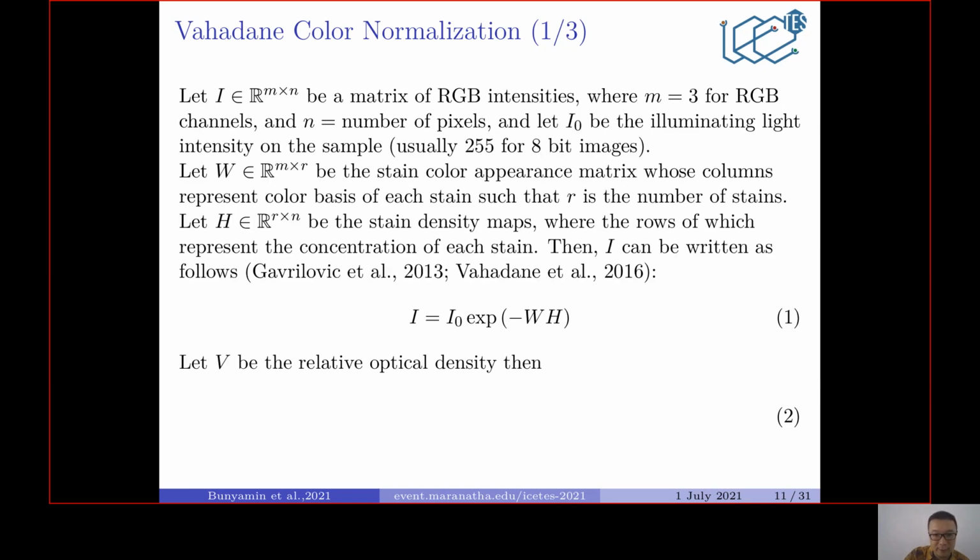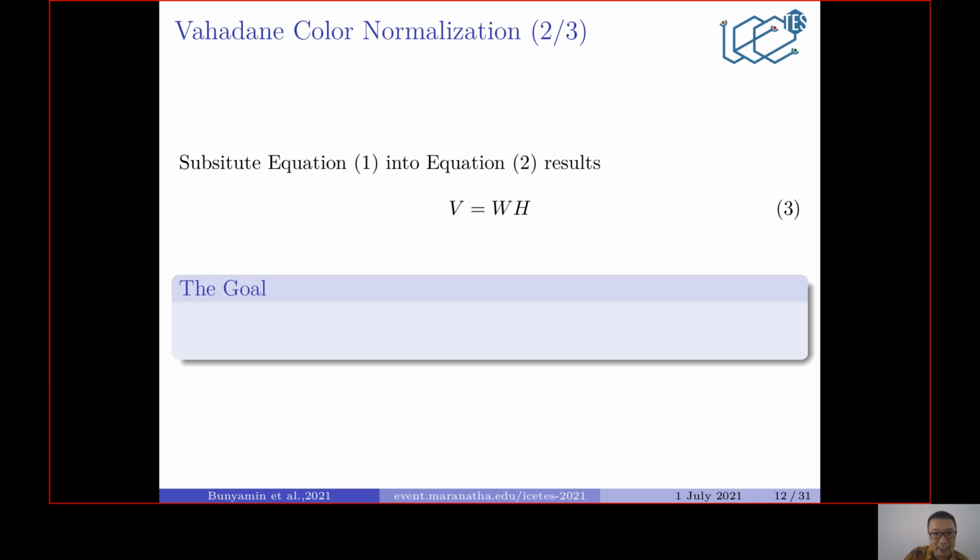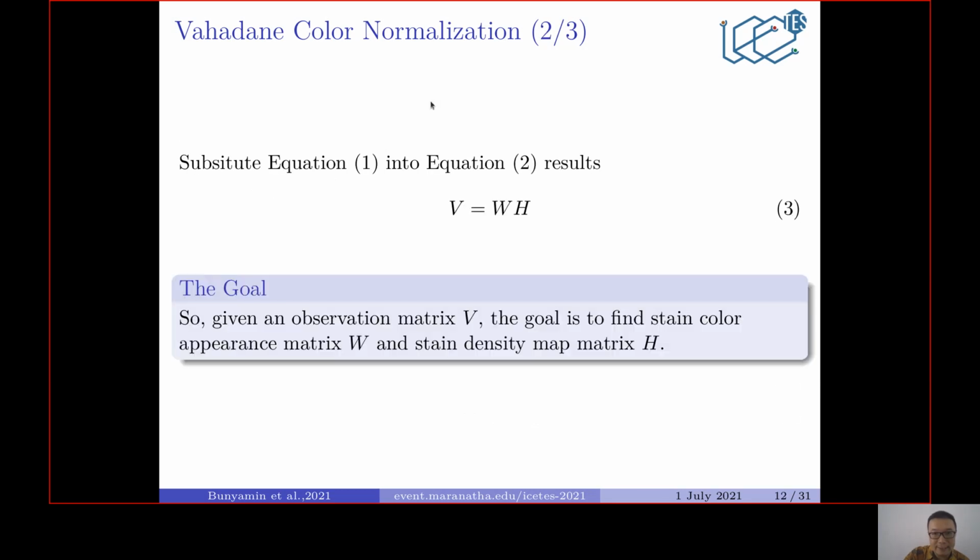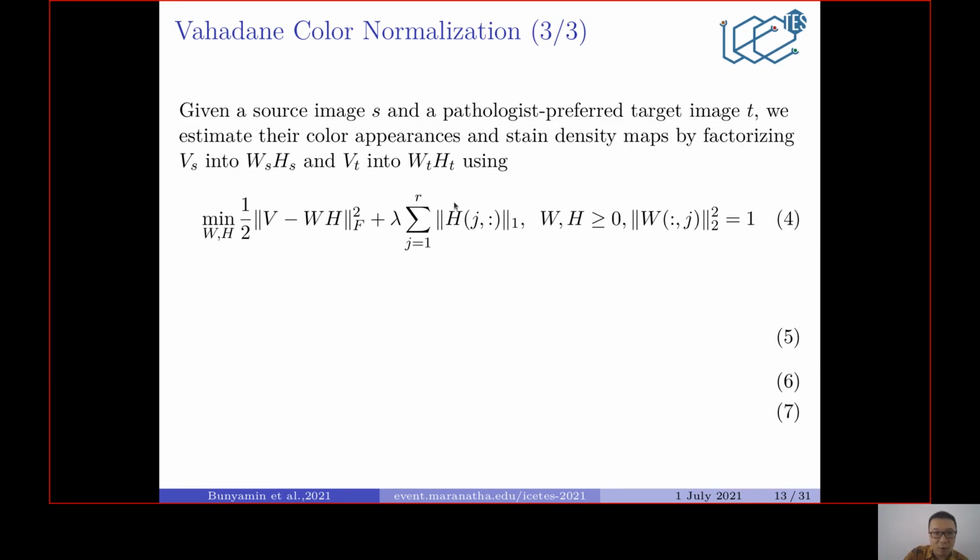So basically, we need to find this W and H. We need to find these 2 matrices, which we derive from the dataset. And in order to find both matrices, we need to solve this cost function.